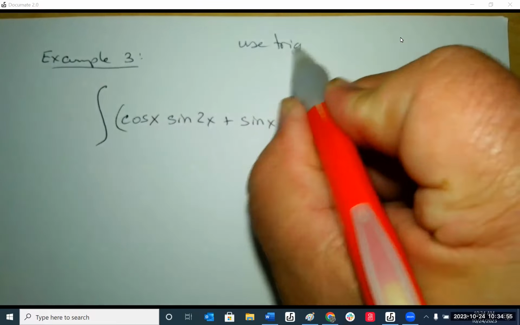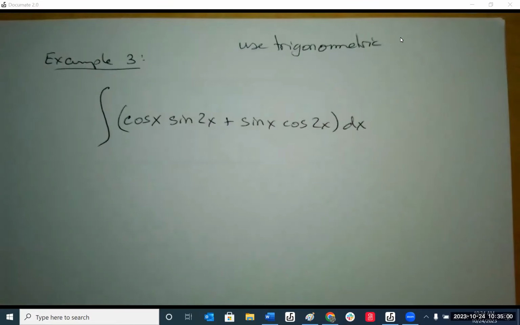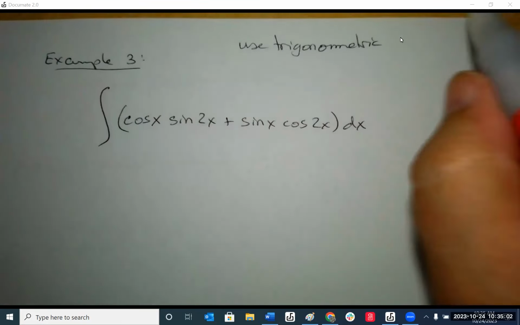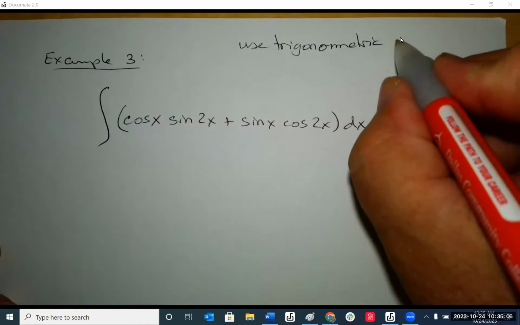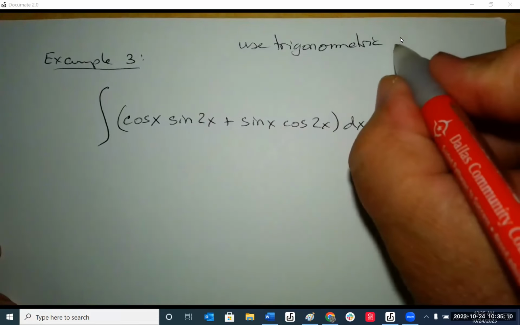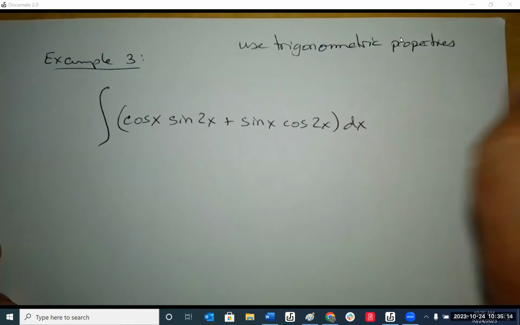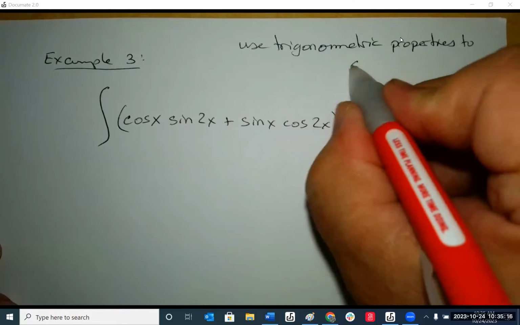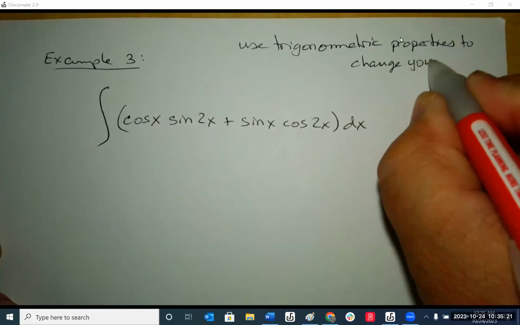Use trigonometric transformations, properties, to change your equation.